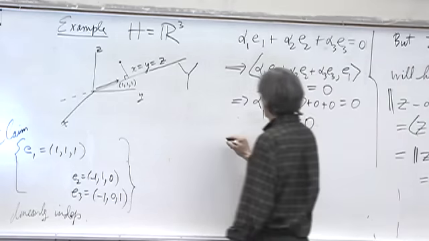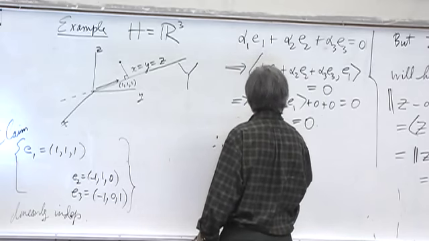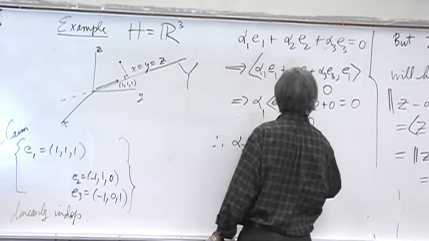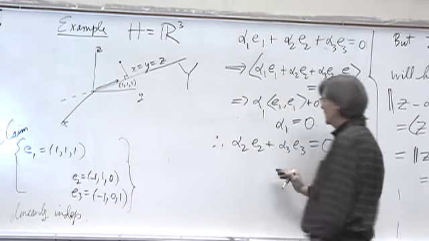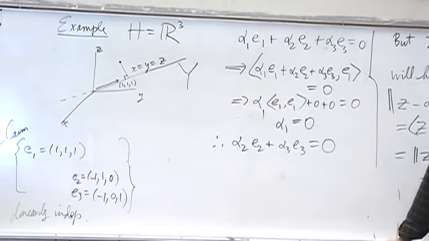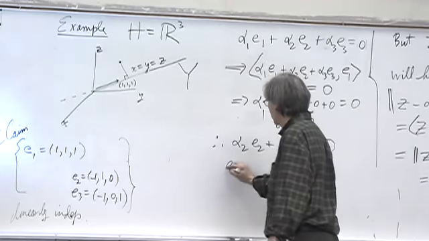But now, therefore, alpha 2 E2 plus alpha 3 E3 is equal to 0. But E2, E3 were already linearly independent. They were a basis of Y perp.